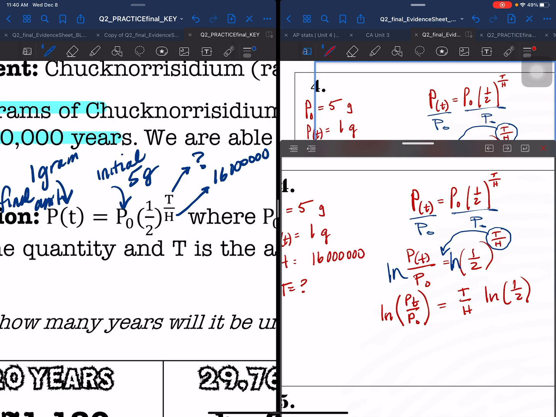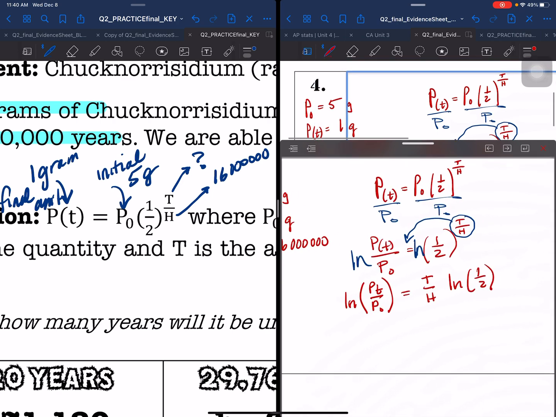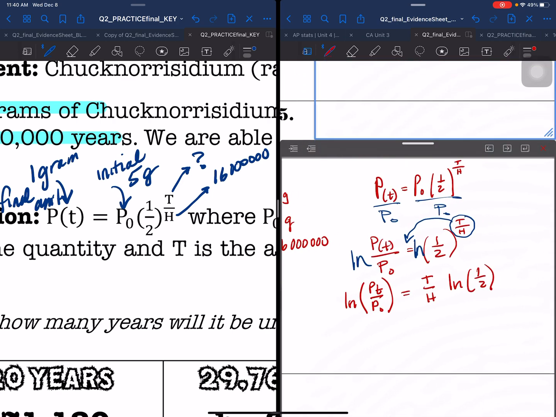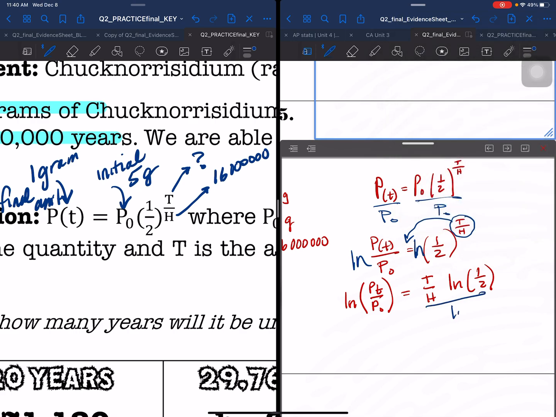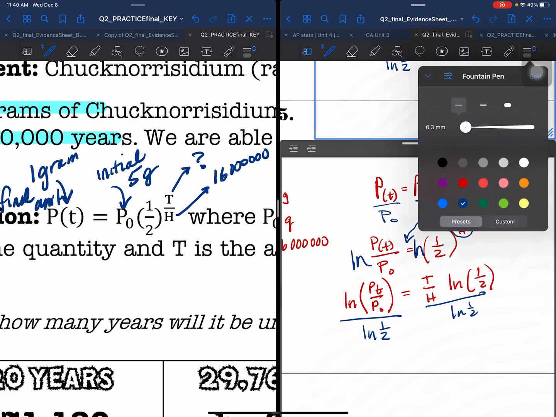So I'm almost there, almost got t by itself. If we now divide both sides by the natural log of 1/2, we're almost there.